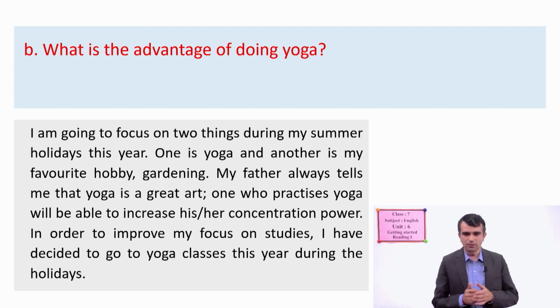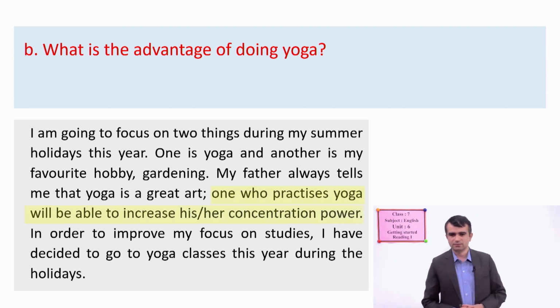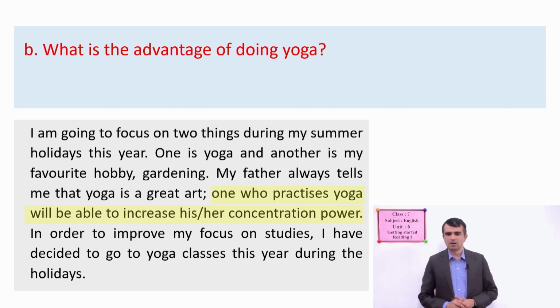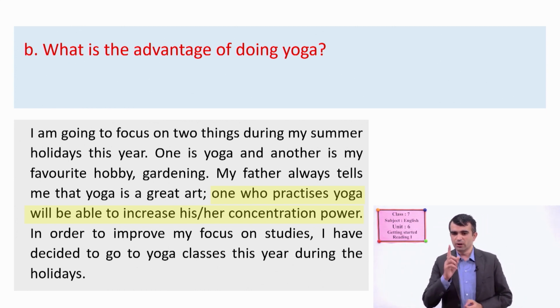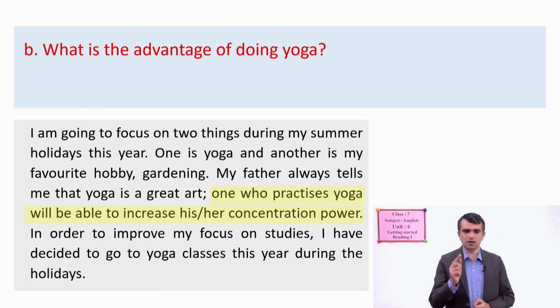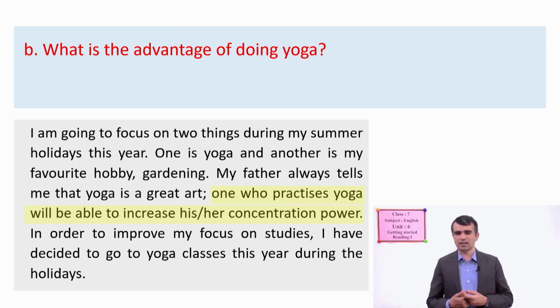Okay, where is it? Find it here. Okay, it's here. What she says is, my father always tells me that yoga is a great art. One who practices yoga will be able to increase his or her concentration power. That is the advantage. Is it? Okay, now how do we write the answer?